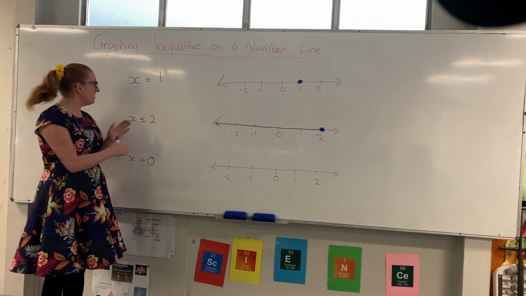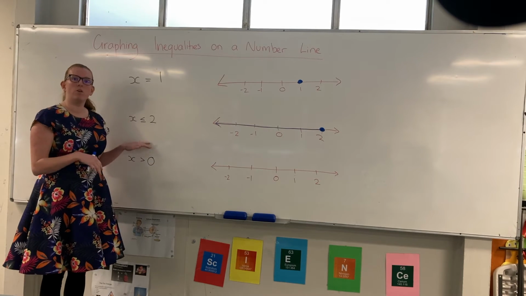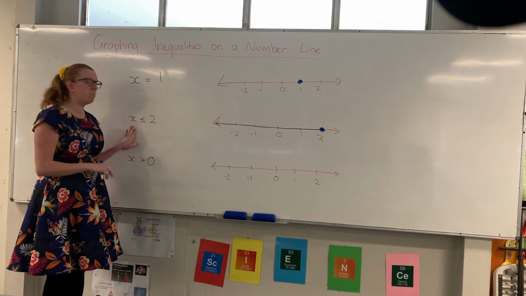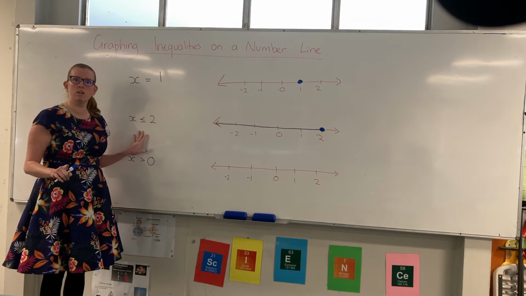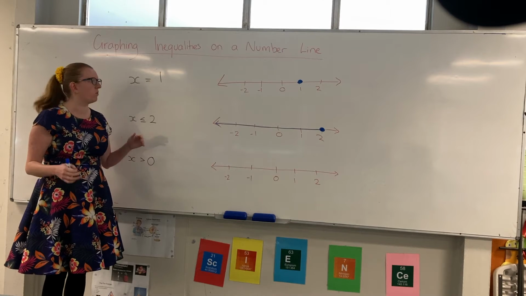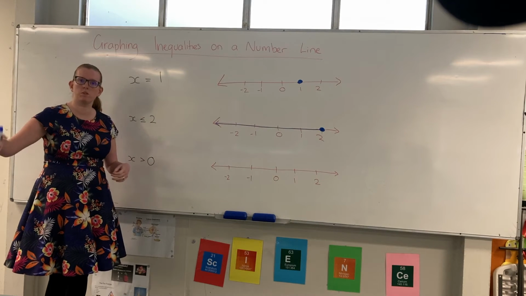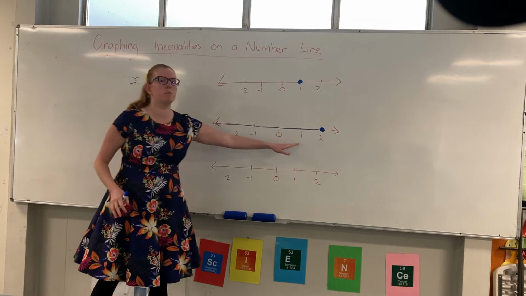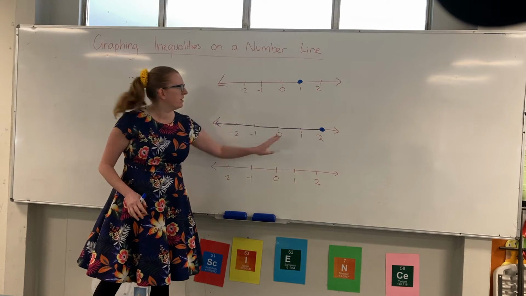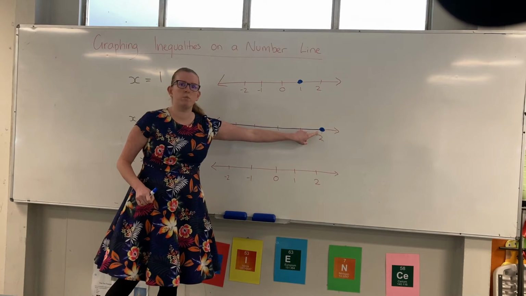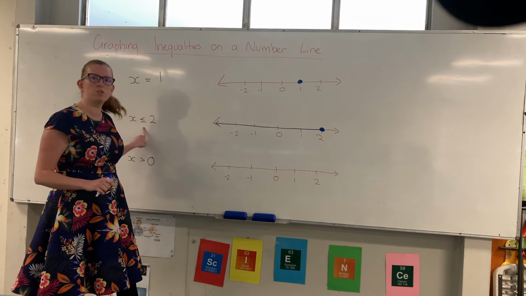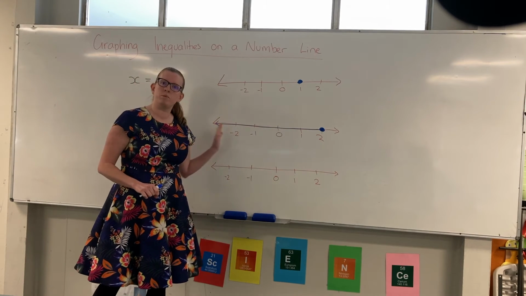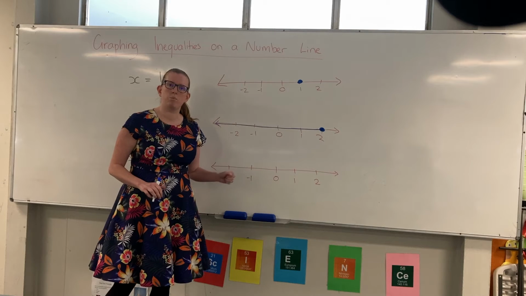So because x is less than or equal to the number 2, what that means is that x could be 2, or it could be 1, or it could be 0, or it could be -1 or -2, and so on and so forth. So this arrow represents all of the numbers that x could be. So I've got a coloured in circle because x could be equal to 2, and then the arrow touches all of the other numbers on the number line that x could be.